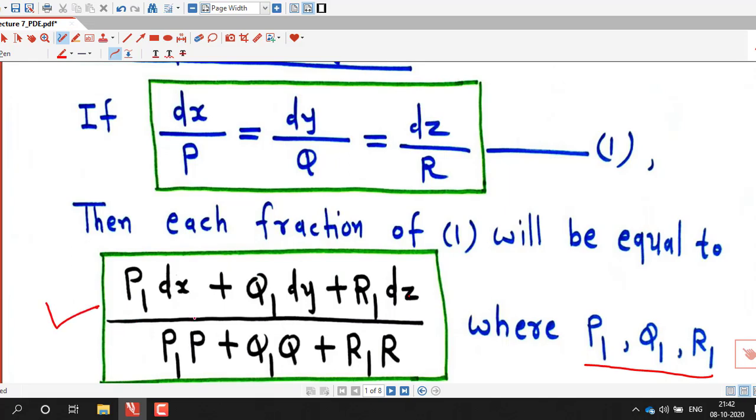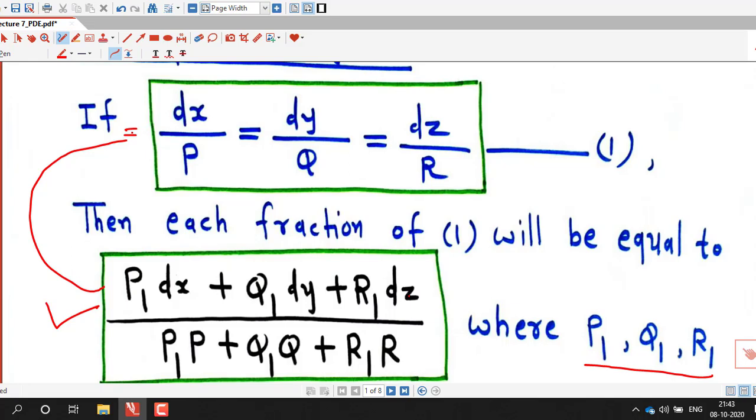The principle of algebra says that if we choose multipliers in this way and generate the new fraction, then this new fraction is also equal to all these three fractions. So by selecting appropriate multipliers, we can generate a new fraction which is equal to the given equal fractions.